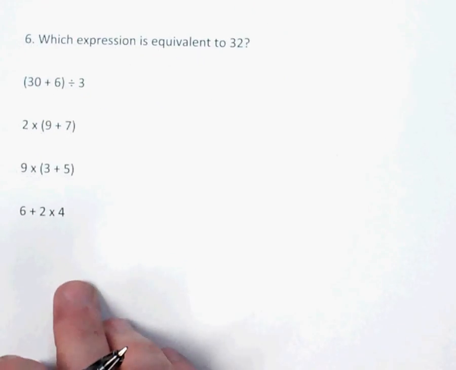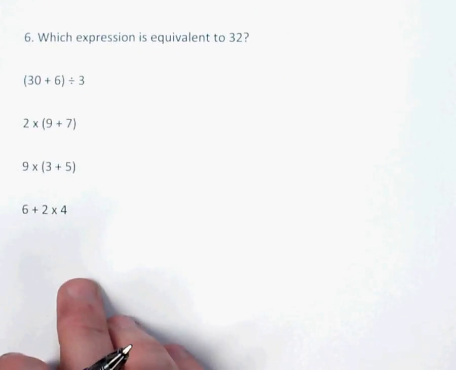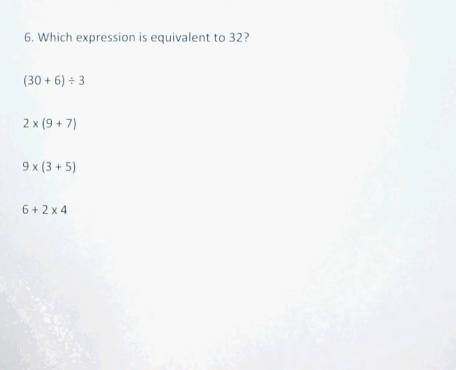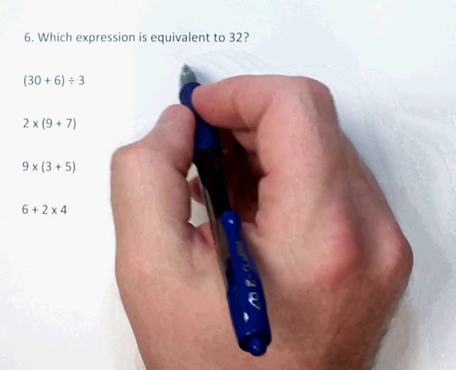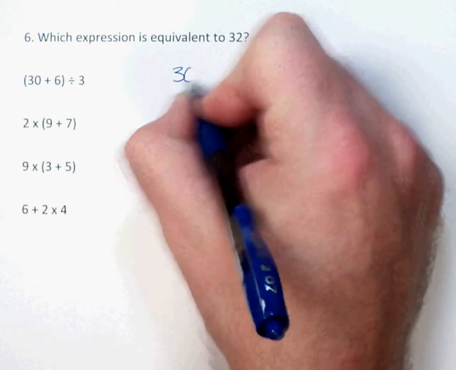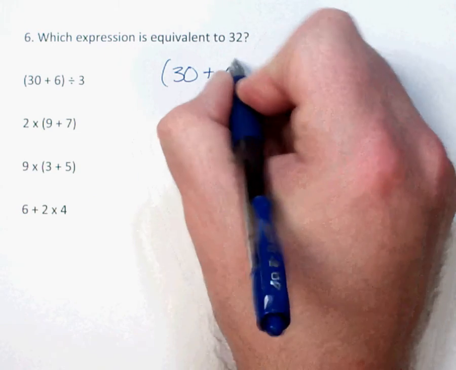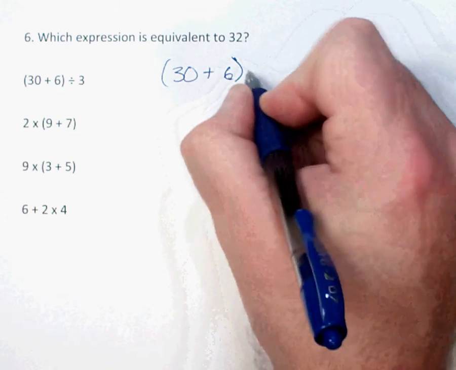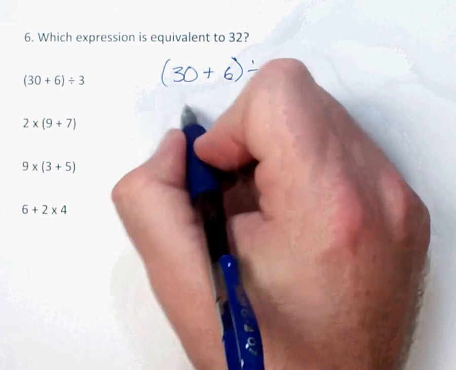All right, number 6. Similar to what we did earlier on number 1, but these aren't quite as intense. So I need to find an expression that's equivalent to 32. So I'm just going to do these, and you can kind of watch what I'm doing.